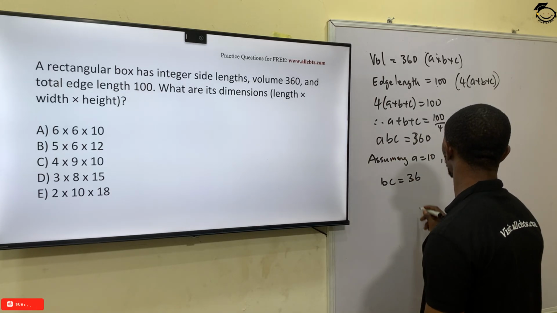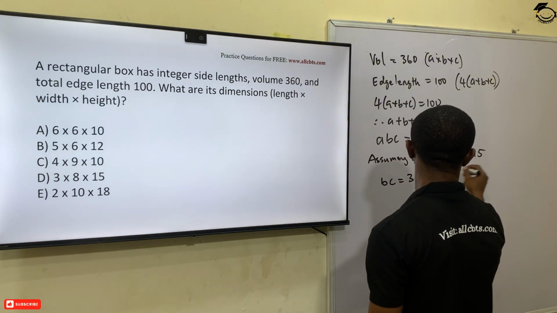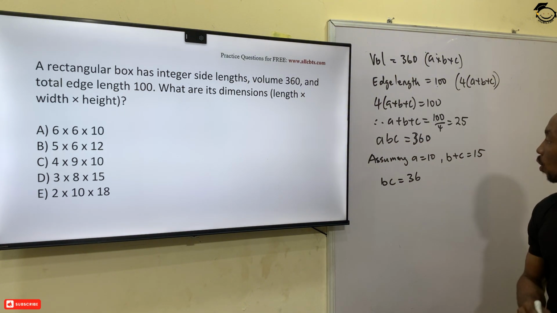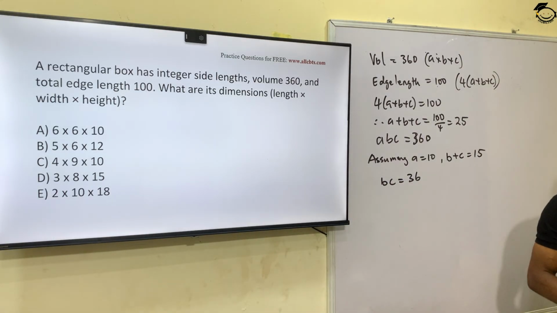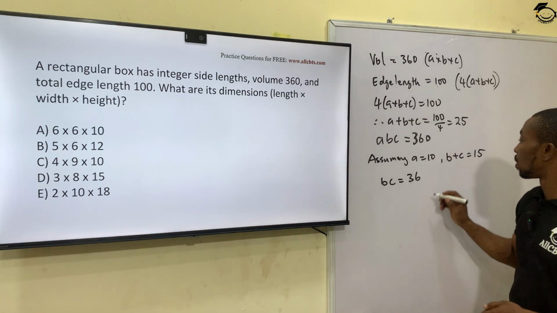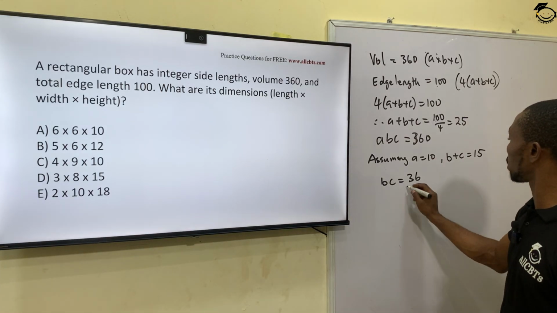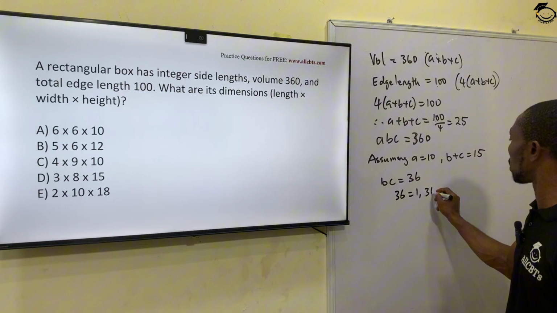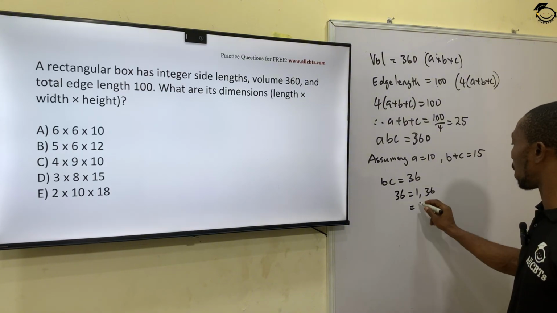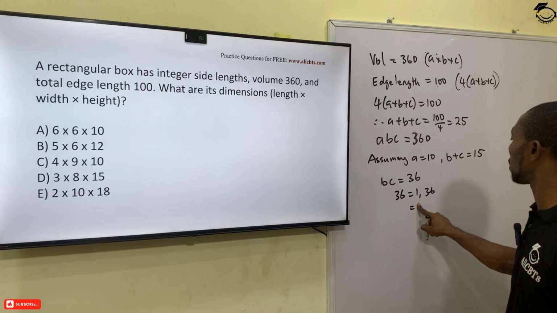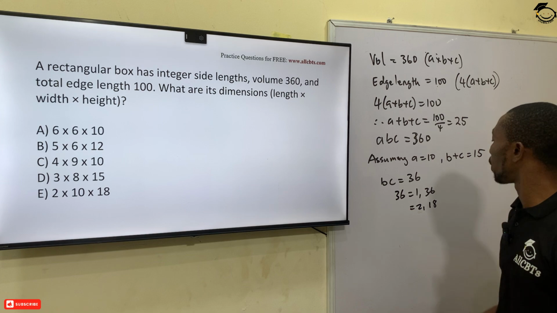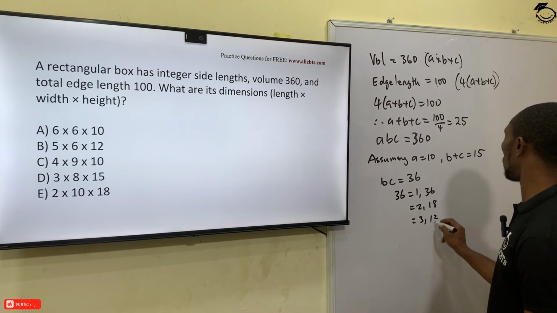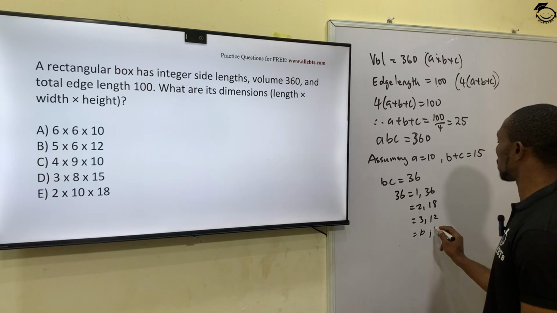So looking for the factors of 36 that, when we add up, would give us 15. We have 1 and 36, 2 and 18, 3 and 12, 4 and 9, and we have 6 and 6.